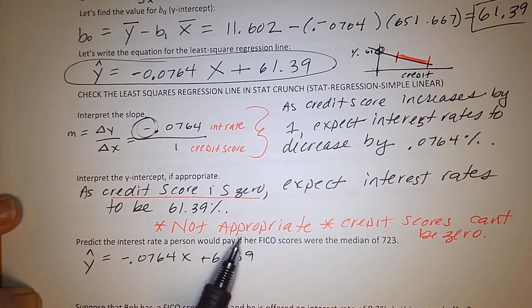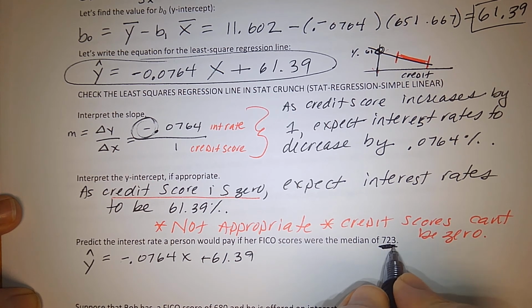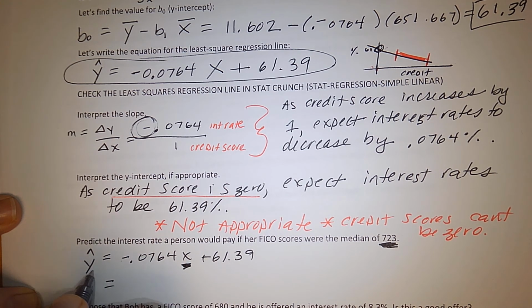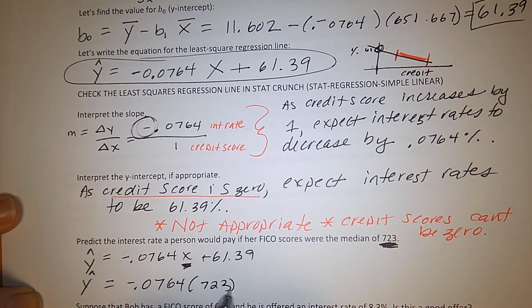And we know that this person's credit score was 723. We're going to take that credit score and plug it in for x, and recalculate this. So this particular person's y-hat, in other words, predicted interest rate, is going to be negative 0.0764 times 723 plus 61.39.